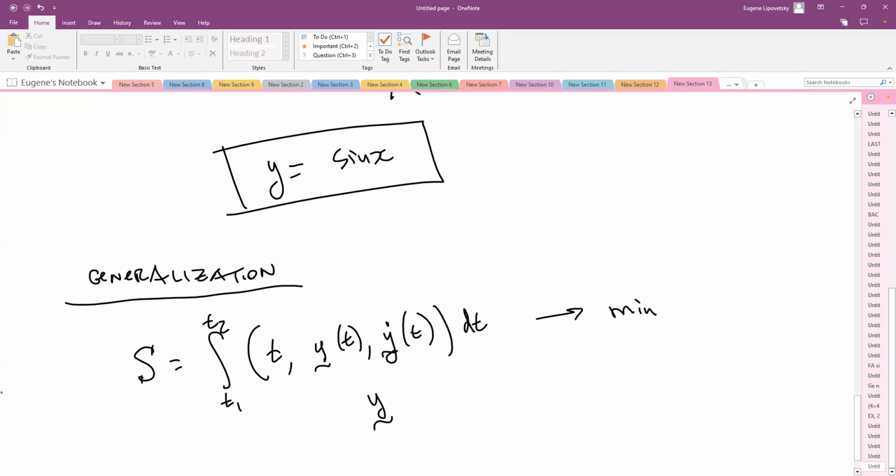Here, y tilde equals y1 of t, y2 of t, and so on, yn of t. And they're all independent.